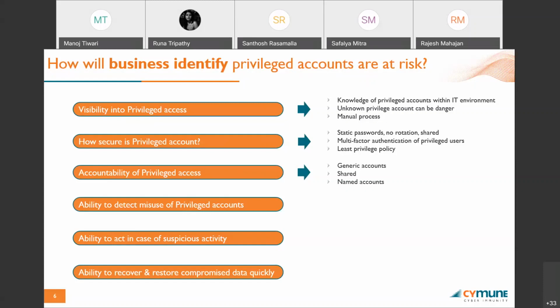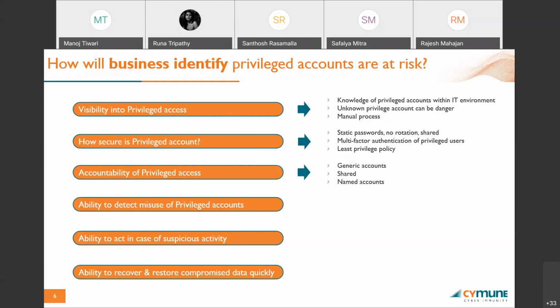I've also seen some organizations, just to get accountability, create named accounts in the systems. So they create accounts with the name of the person, right? That is one way of achieving accountability, but the challenge you'll face is how do you manage the life cycle of these accounts, right?